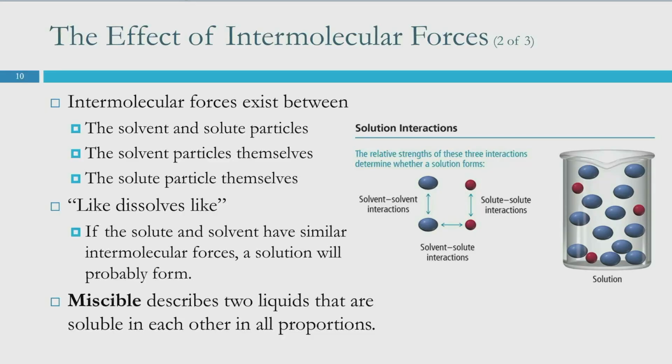So represented here, our solvent is these blue oblong shapes, and our solute are the red round shapes. We've got interactions that can occur between our solvent and our solute, and that has a particular strength. We've also got solvent-solvent interactions, how much the solvent likes itself. And we've also got interactions between the solute particles, the things that we're trying to dissolve.